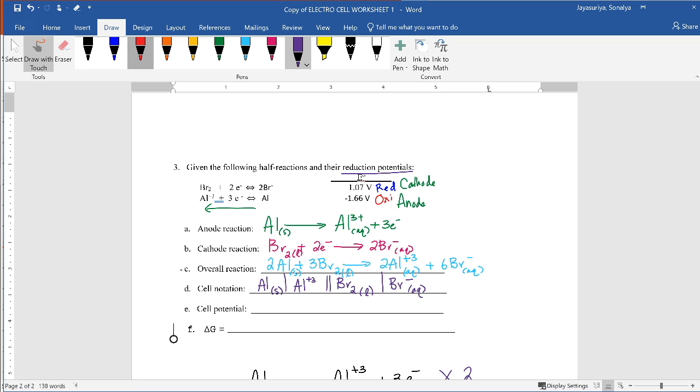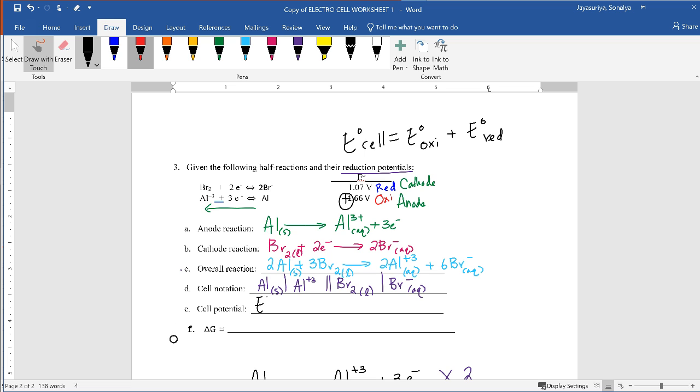Then cell potential, you have been given the numbers already. So remember the equation is E cell is equal to the half cell potential of the oxidation reaction plus the half cell potential of the reduction reaction. Remember to flip the sign of the oxidation reaction to be positive because it's going in the reverse direction.